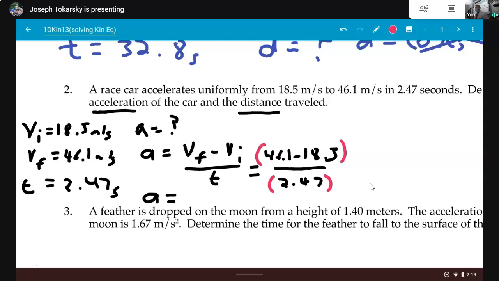If you do that, you won't make a mistake, I guarantee it, okay? So if I do that, plug in all the numbers right, I'll round a decimal point or two again, is fine. I get about 11.2, and this is acceleration, so what's the unit? Meters per second what? Squared. So that's the first part of my problem.